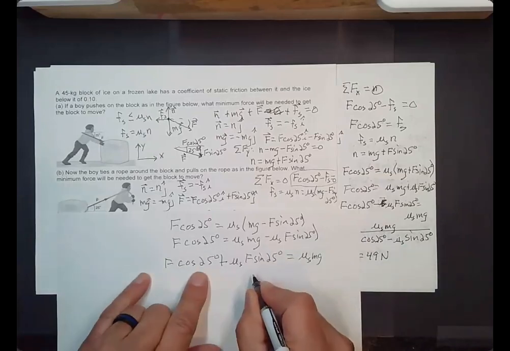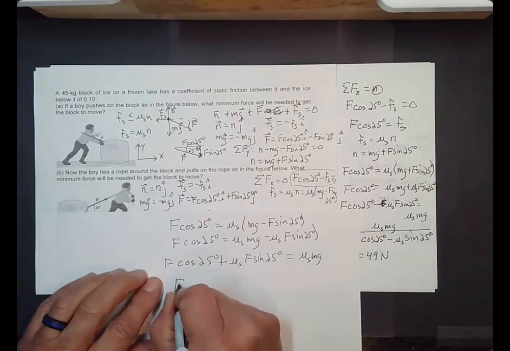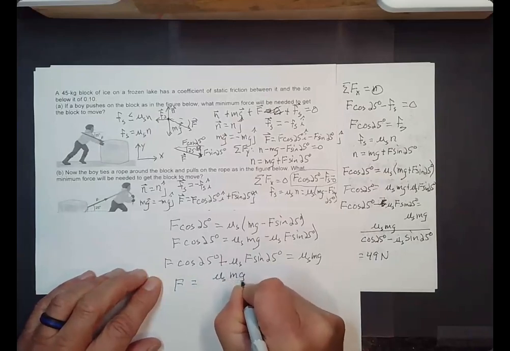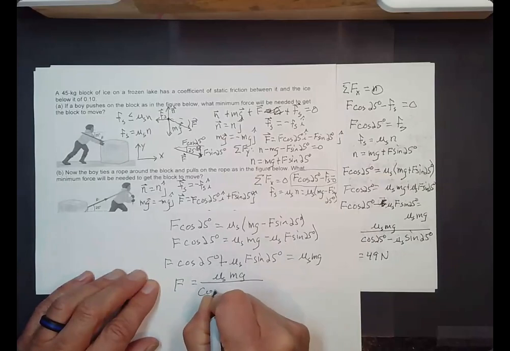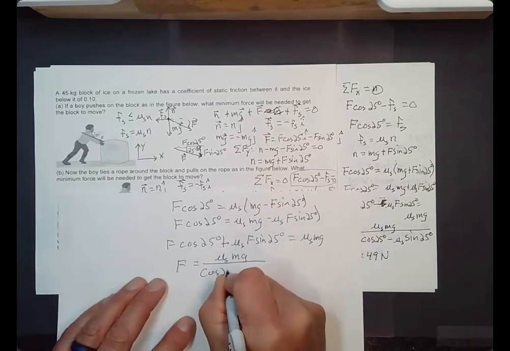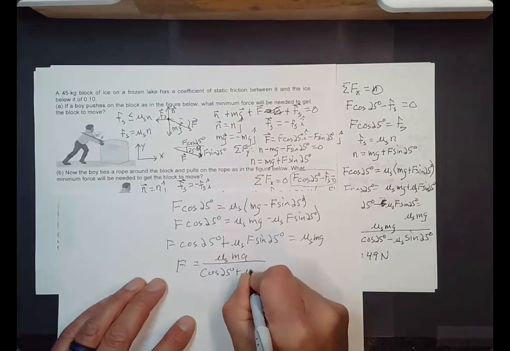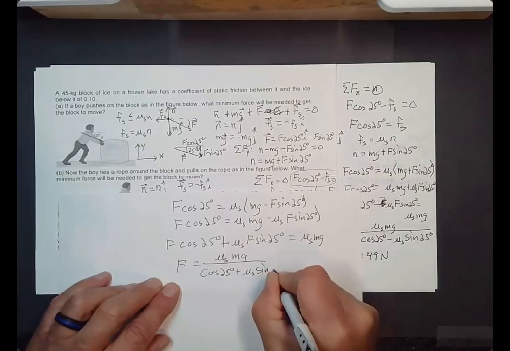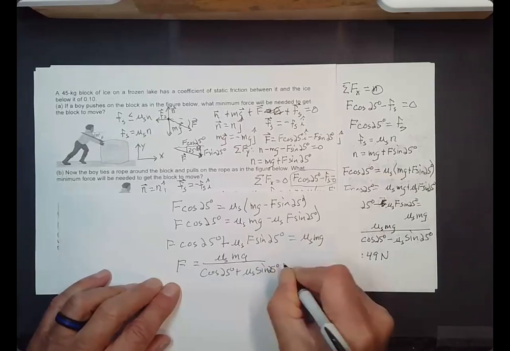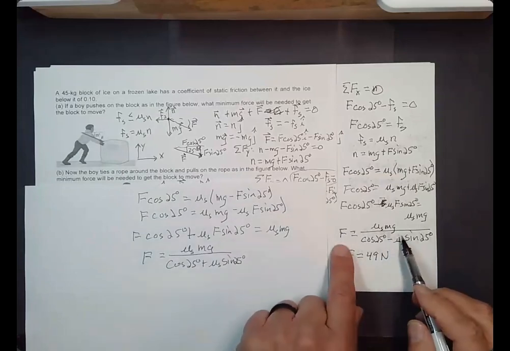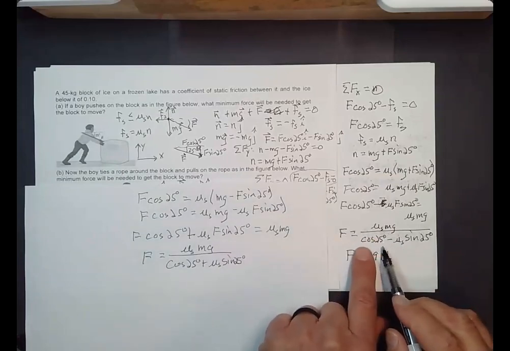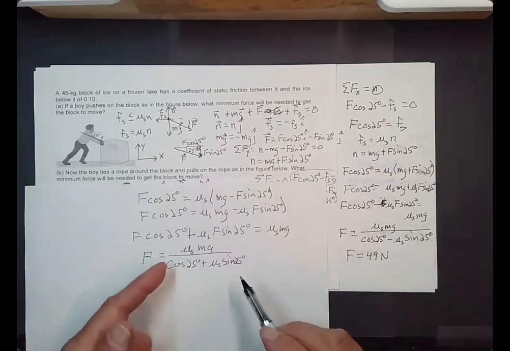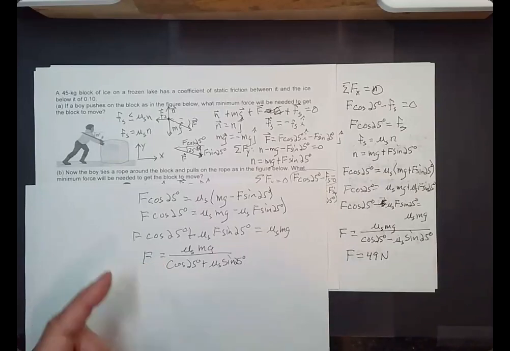Anyway, if I factor out the F and then divide by everything else, I'll have F is equal to mu sub s mg divided by the cosine of 25 degrees plus mu sub s sine of 25 degrees. And what I had before, when I figured out the force, was mu sub s mg over cosine of 25 minus mu sub s sine of 25. Okay, when you divide by a bigger number, you get a smaller value over here.